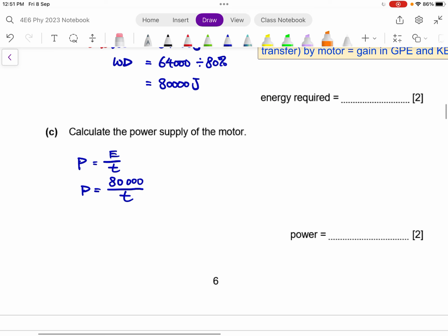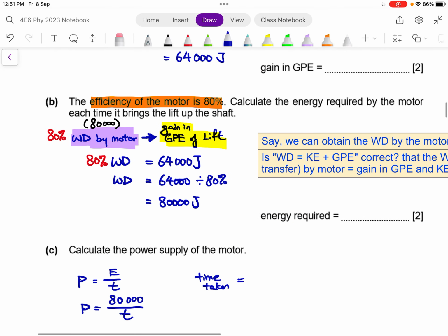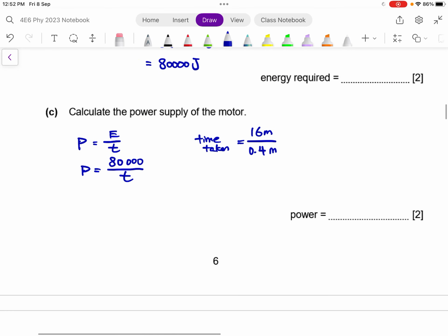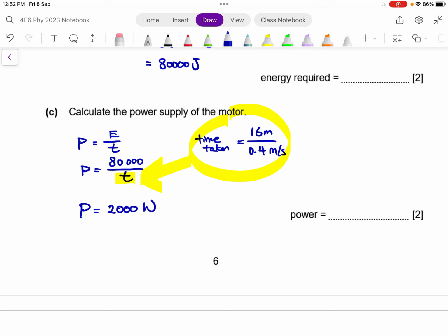So because of that, we can actually find out the time taken for the lift to complete its journey will be distance, which is 16 meter, over the speed, which is 0.4 meter per second. So with this time taken, you can substitute into here. And if you go and do the math on your calculator, you should get the value 2000. So that's how you solve this question.